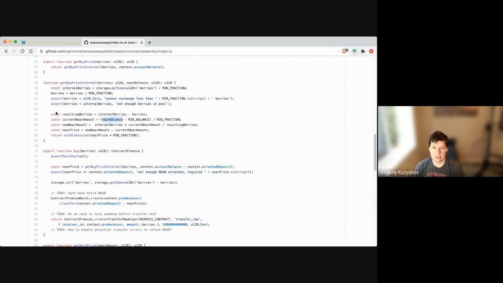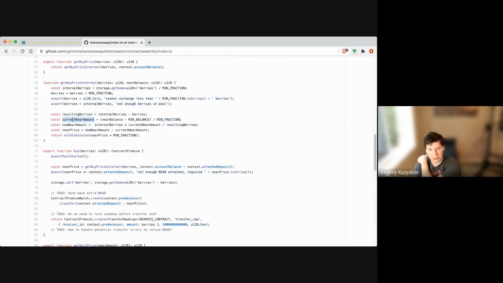It means this variable can be modified outside of this contract. So if I deposit 5 near to this contract, then this value will grow by 5 near.